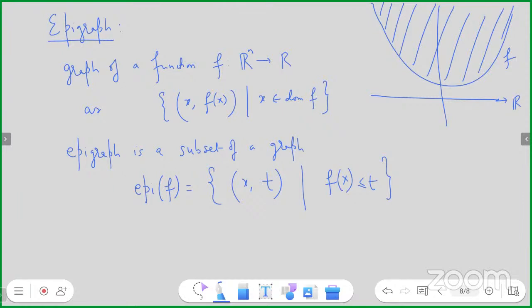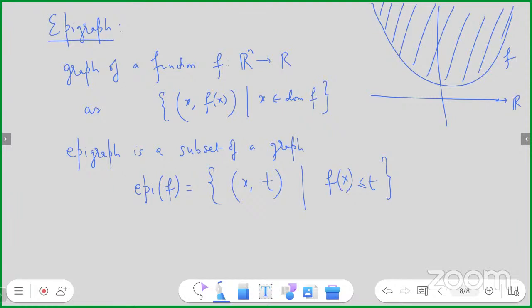So the epigraph of a function is, let's say, a circle or a disk. What kind of function is f? Is it even possible? That won't be a function.